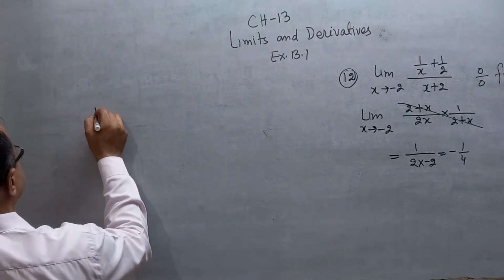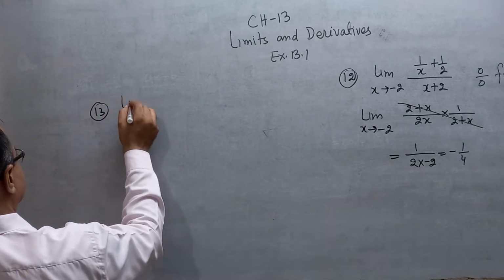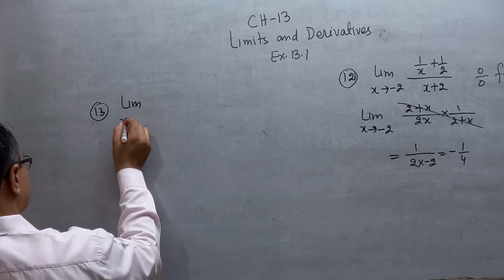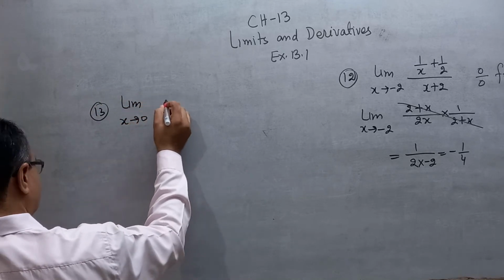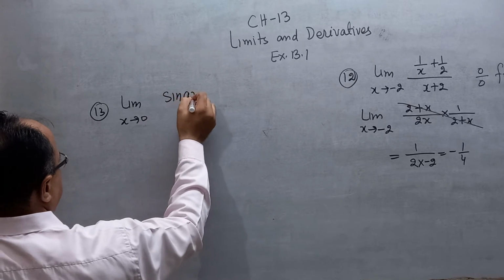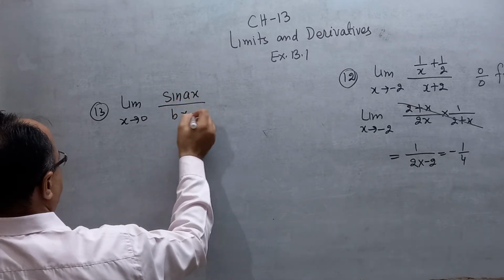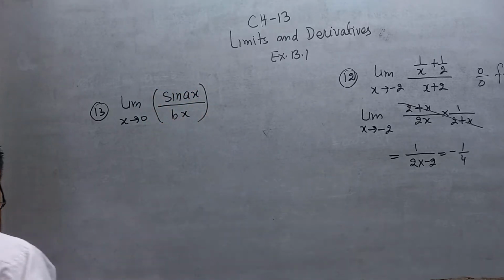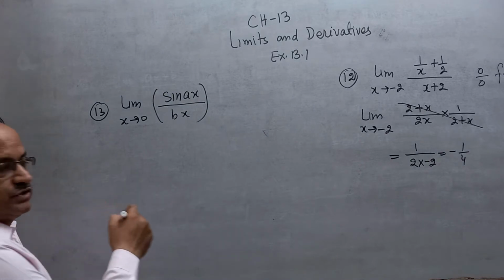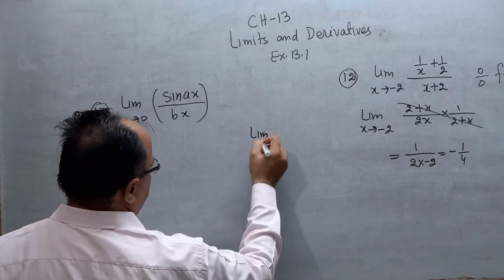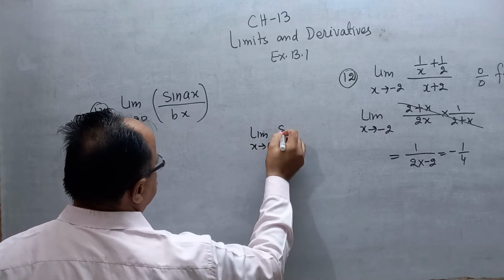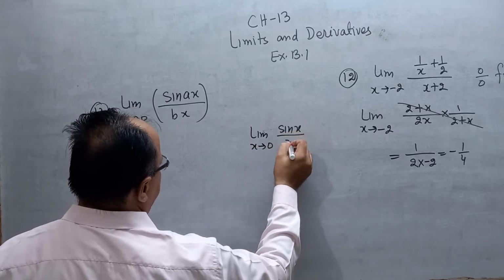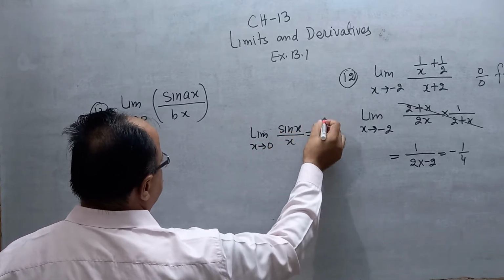Question number 13. Limit x approaches 0, sin ax upon bx. In this question, we apply this formula: limit x approaches 0, sin x by x is equal to 1.